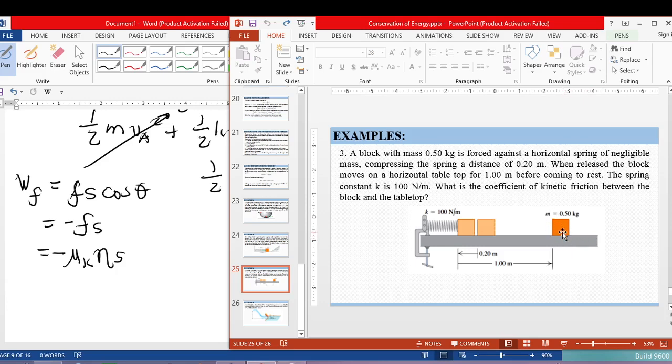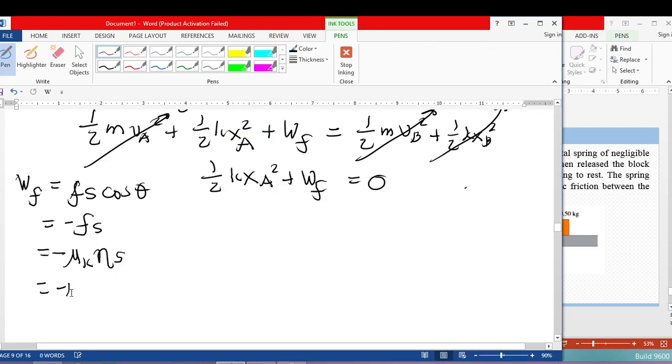The summation of forces along y is only the normal force and the weight, right? So therefore N is just equal to mg. Why is it important to use Newton's law of motion to give us an expression for the normal force? Because the normal force is not always equal to the weight of the object. It is very important to know what the expression for the normal force is. So we can put this here: 1/2 k xA squared minus mu k m g times the displacement is equal to 0.